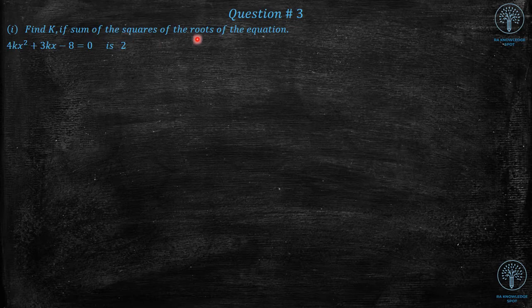Squares of the roots, of course there are two roots, one is alpha, the other is beta, and they are asking you the sum like alpha plus beta, but you have to take the square, that is alpha square plus beta square. Here the meaning of is is equal, that equals 2.